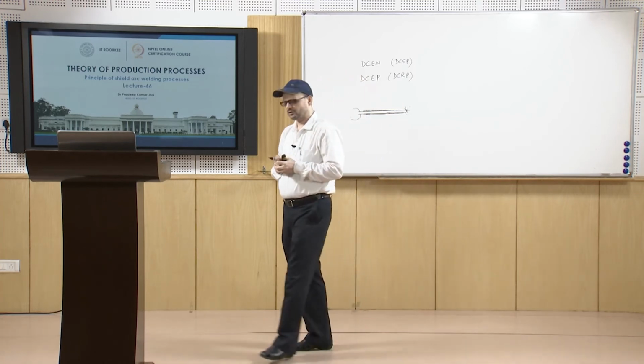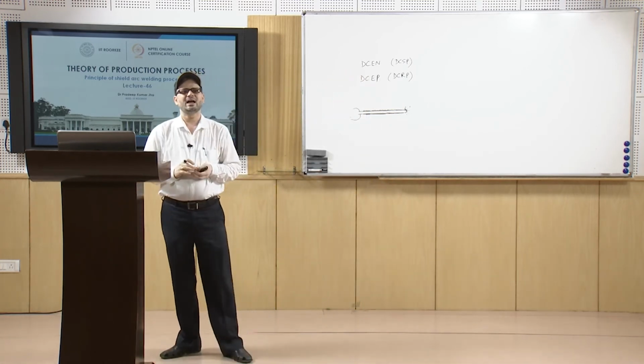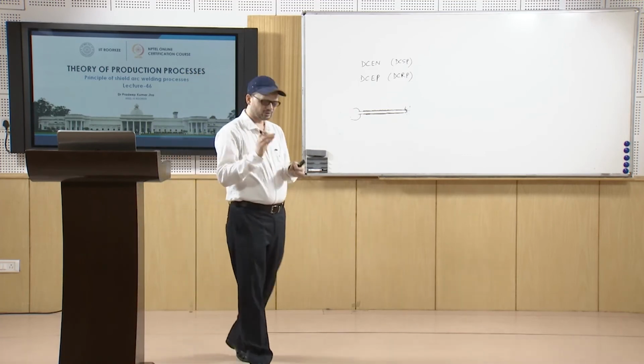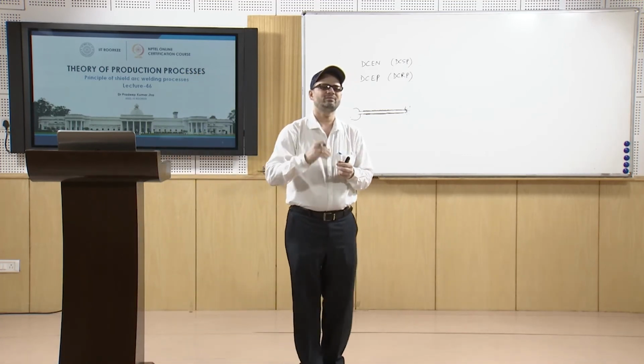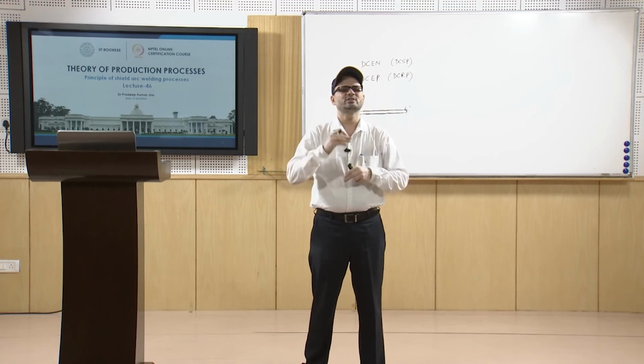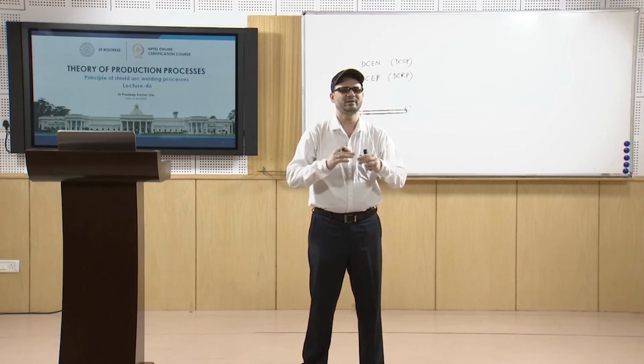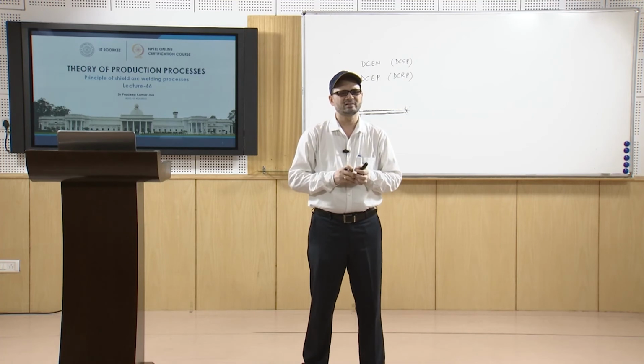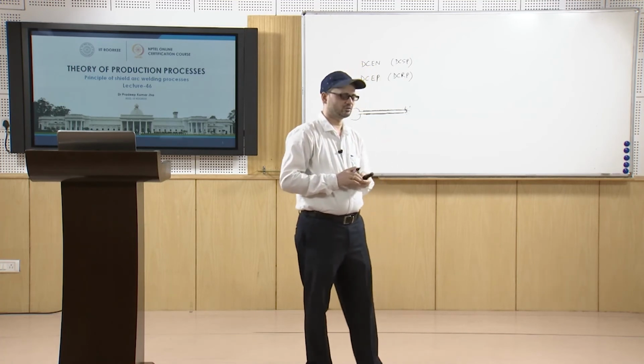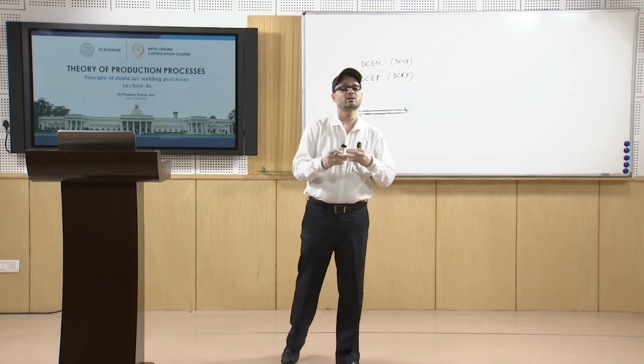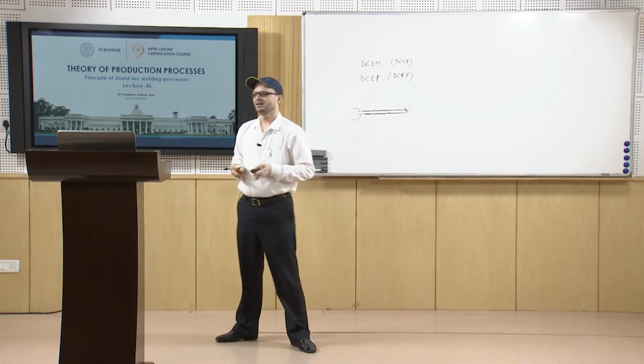So, that will be fusible flux, and because it is completely covered, it serves many purposes, like stability of the arc. The mechanical and chemical properties of the weld deposit are also improved in this case.